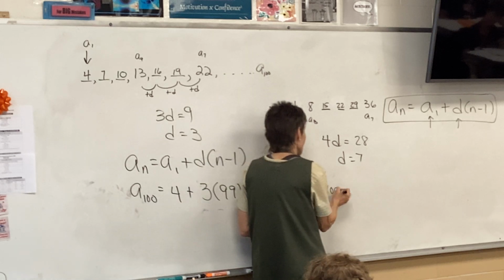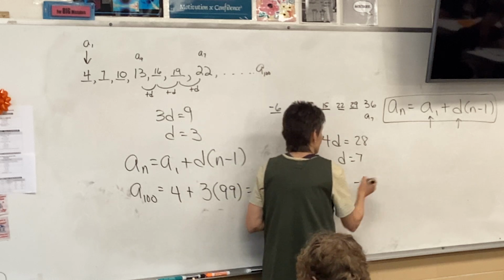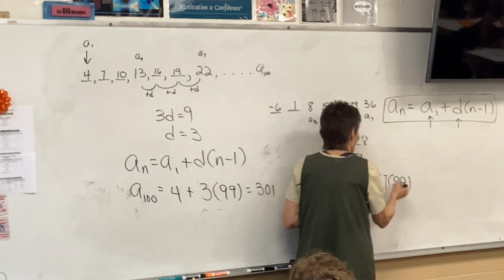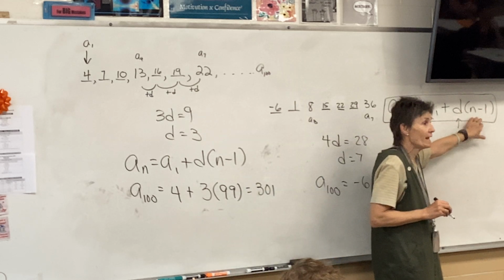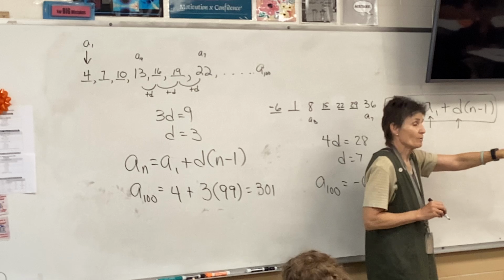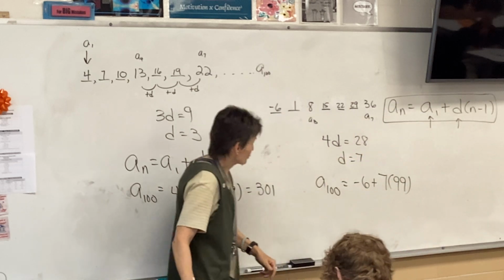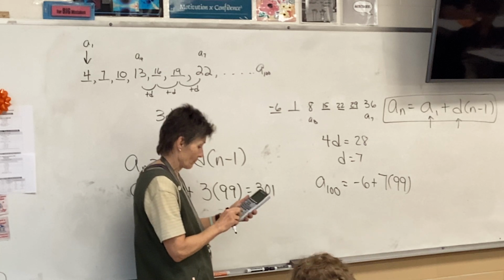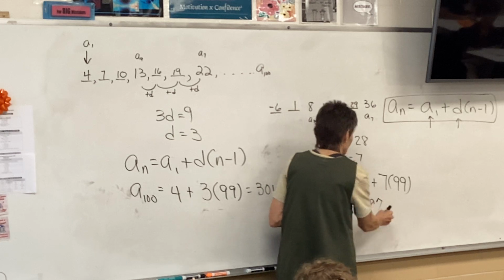So the 100th term will be -6 plus 7 times 99. Remember, the formula requires n minus 1. So that's 100 minus 1. So what is our 100th term? 687.